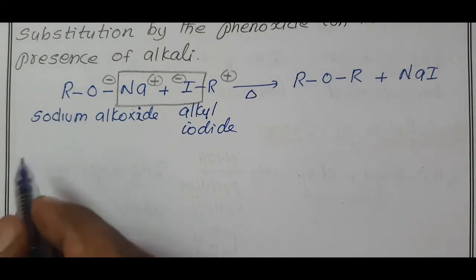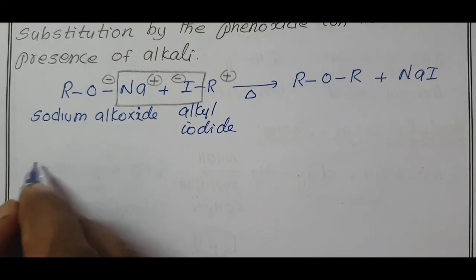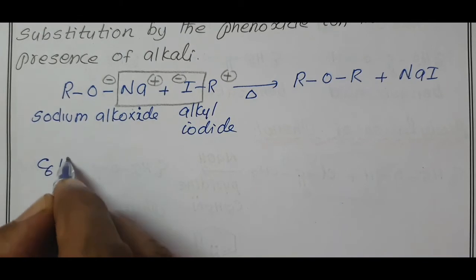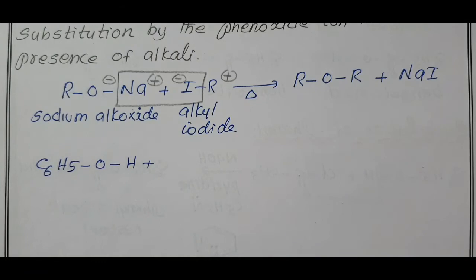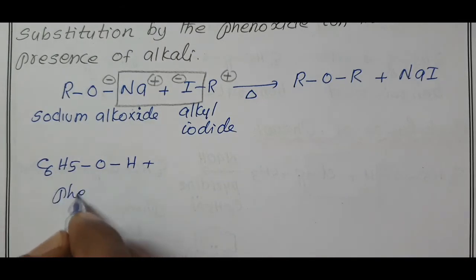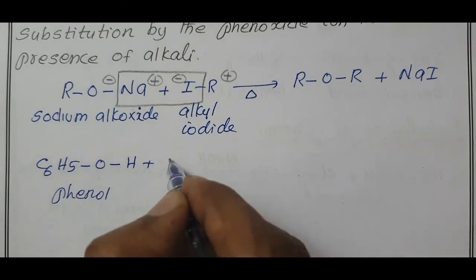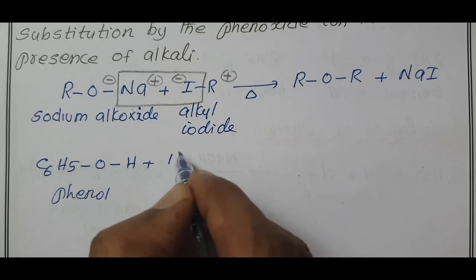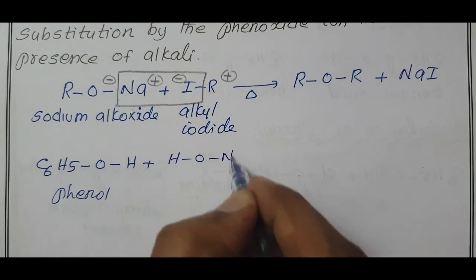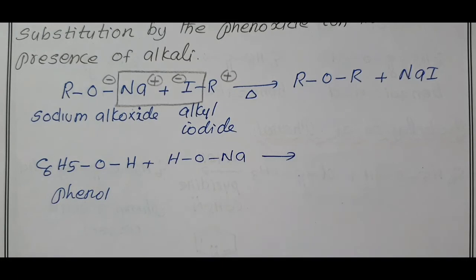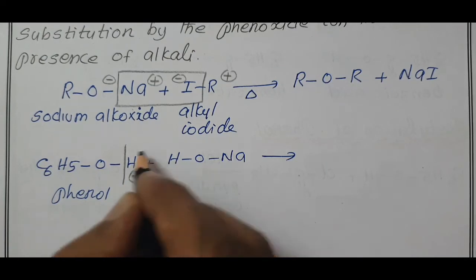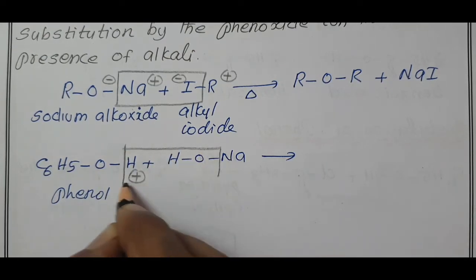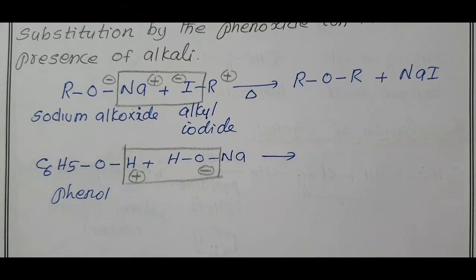Now I take an example of phenol, C6H5OH. Phenol is acidic in nature, we know, and it undergoes reaction with a strong base, sodium hydroxide, NaOH. It gives H plus ion from phenol and OH minus ion from the base, sodium hydroxide.